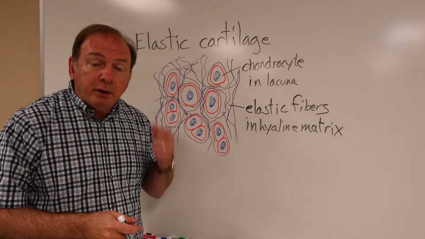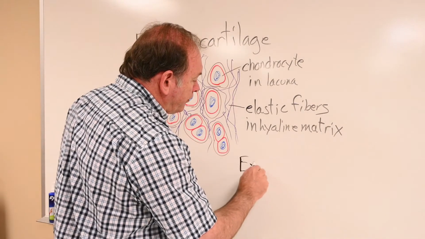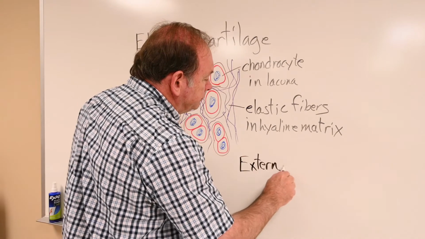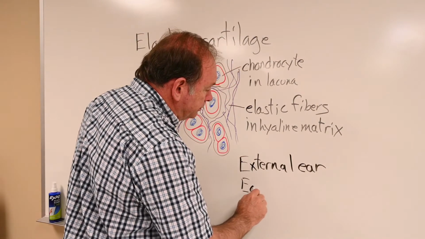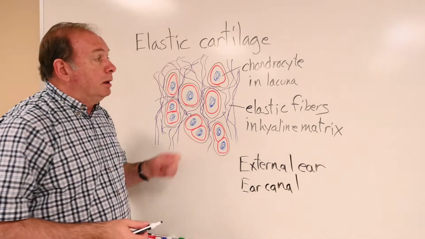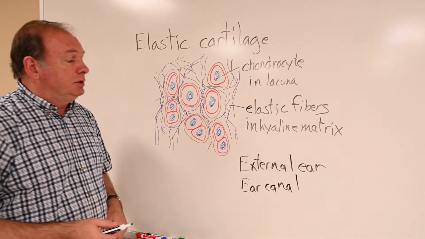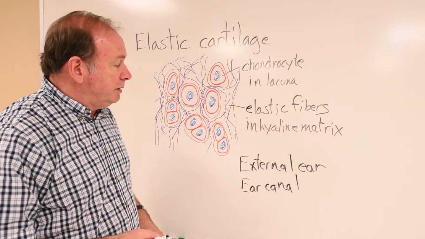Your outer ear, your external ear, and the ear canal are made of elastic cartilage. That's supportive material that gives shape to your ear canal and your external ear.